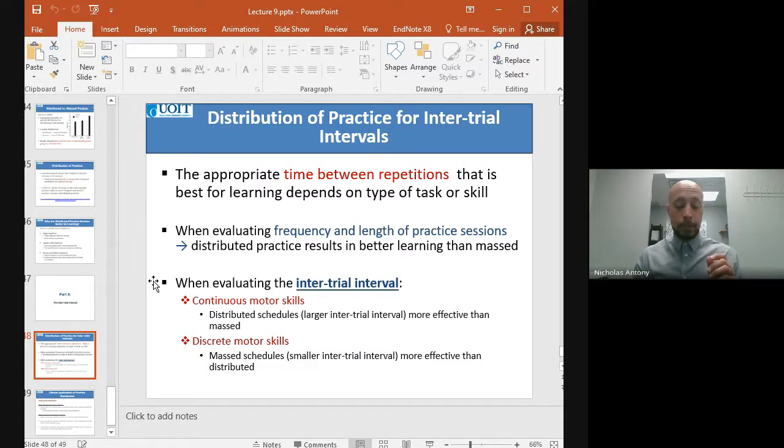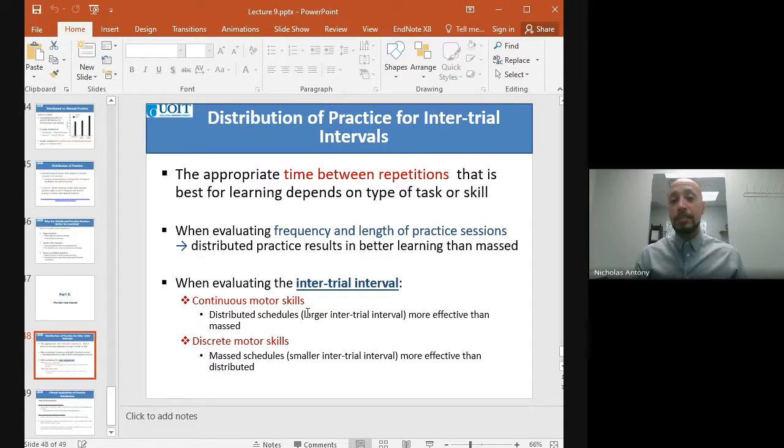give me a discrete skill, darts. Because they're very quick, you can wait a lesser amount of time in between trials. Whereas with continuous skills, because they're generally longer, you wait longer in between practice trials. You give the person maybe a chance to consolidate, to catch their breath.